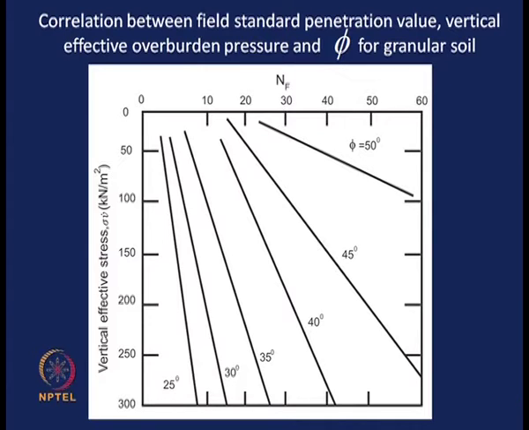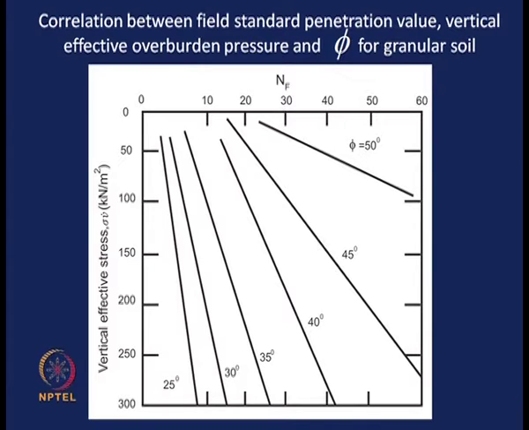This NF is the field value without any correction, and if we know this NF value and the effective overburden pressure in kPa at any depth, then we can use the chart. Suppose this NF value is 30 and effective overburden pressure is 150. Then this phi value will be between 40 degrees and 45 degrees.